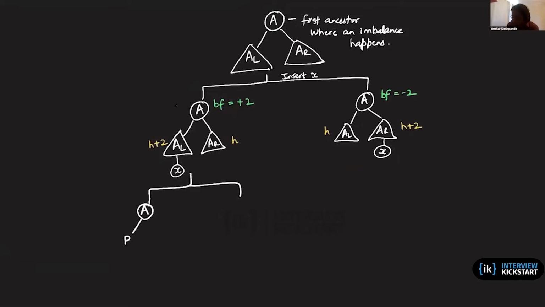I'm going to call this node B. AL, the left subtree of A, is now being zoomed into. We see the root was B, and there was a left subtree there and a right subtree there. And there was AR.